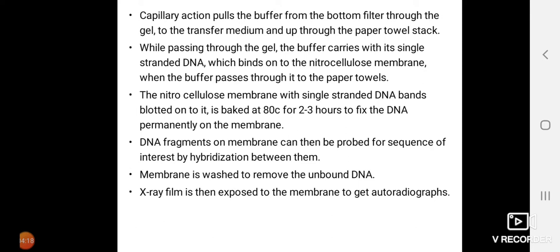After that, the membrane is dipped into the buffer containing the probes, and after incubation, based on the existence of sequence homology, these probes are going to undergo hybridization. If there is any hybridization, those probes are going to be firmly interacted with the membrane.